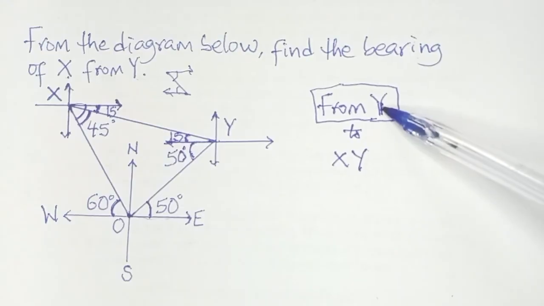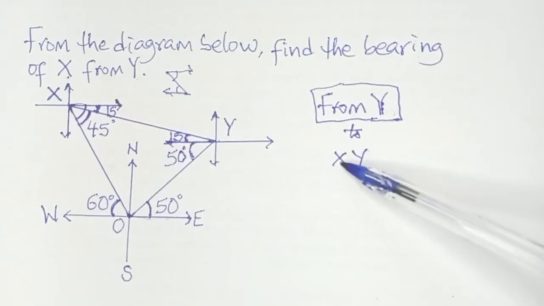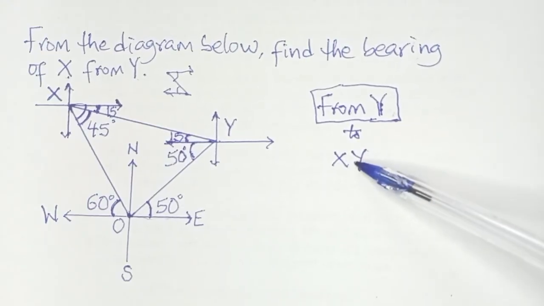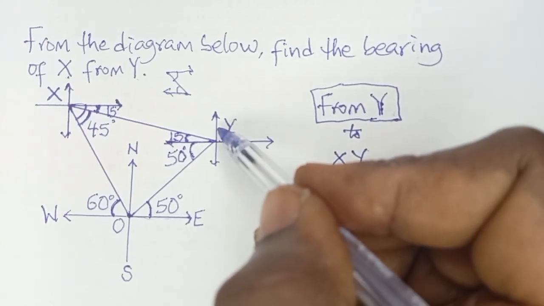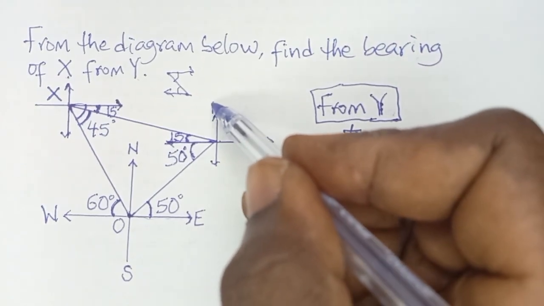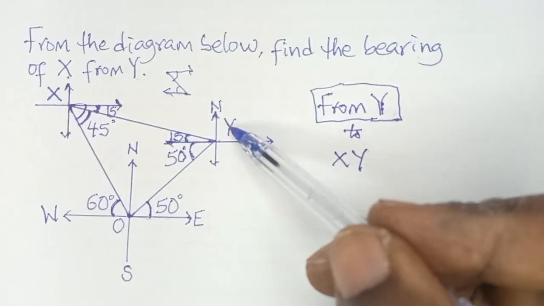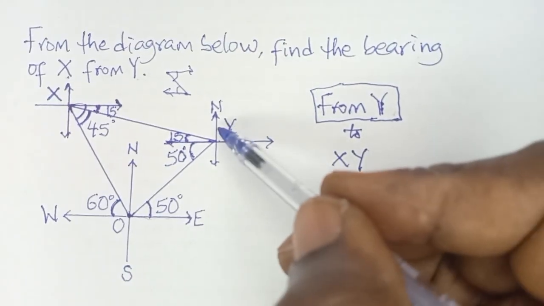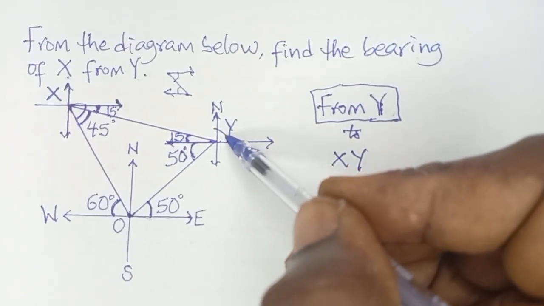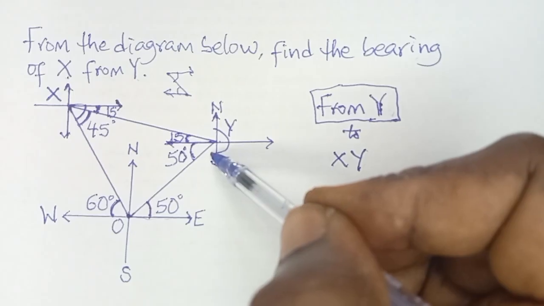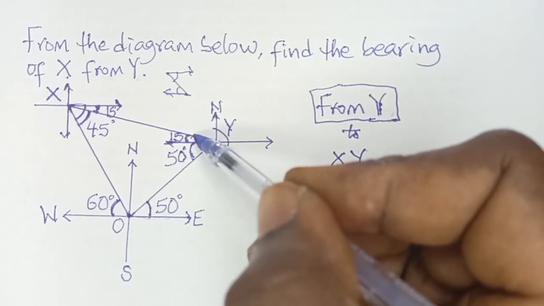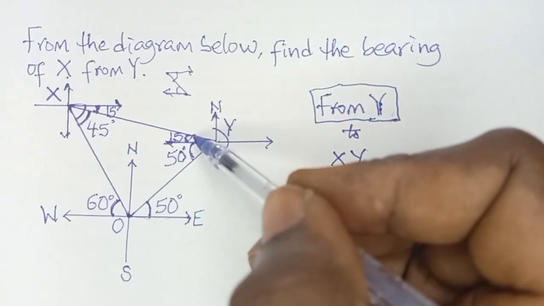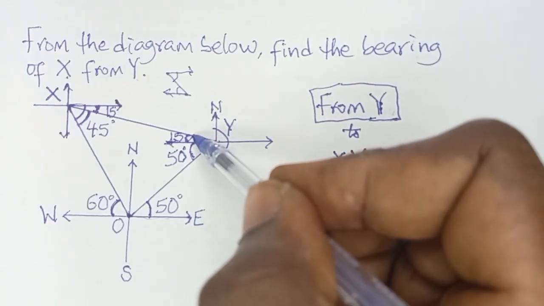When you are measuring angle, you start from the north pole. Don't forget this is the north pole at point Y. So you start from this north pole and you measure until you get to the line XY that joins them together. So we are stopping at this line.